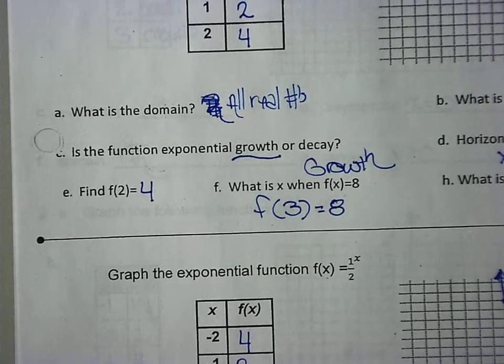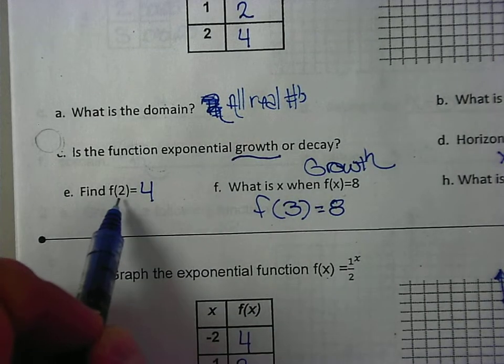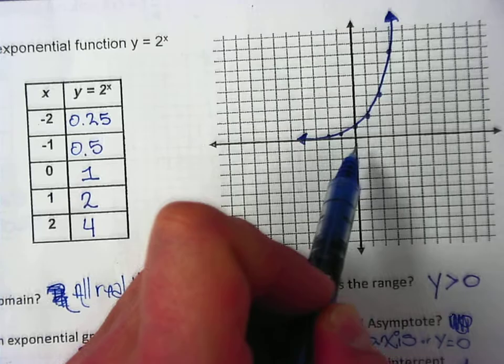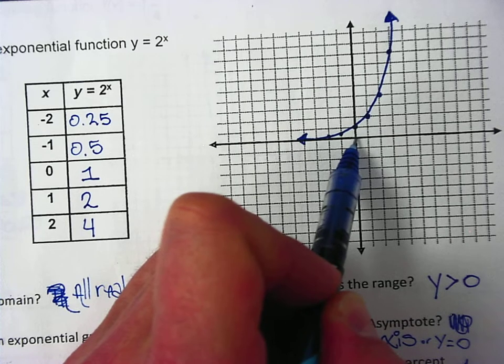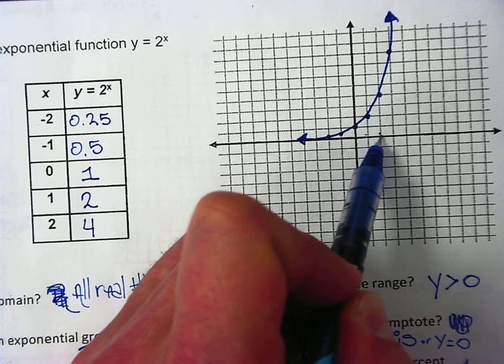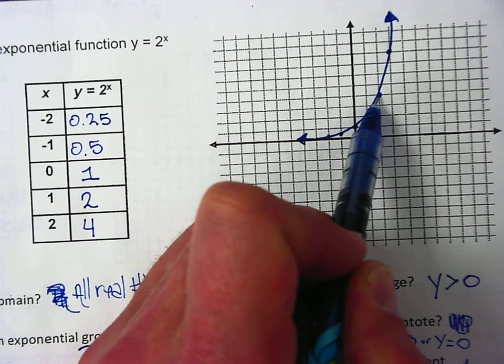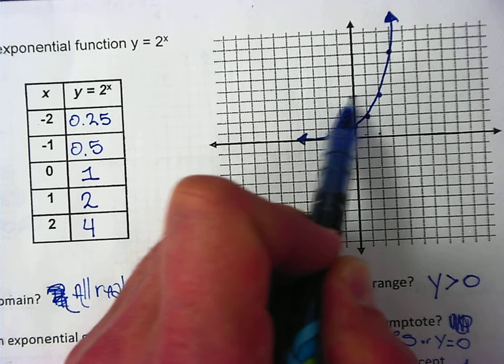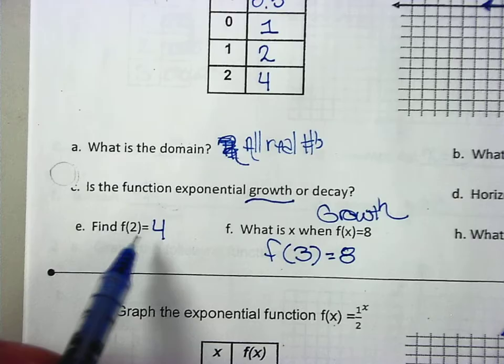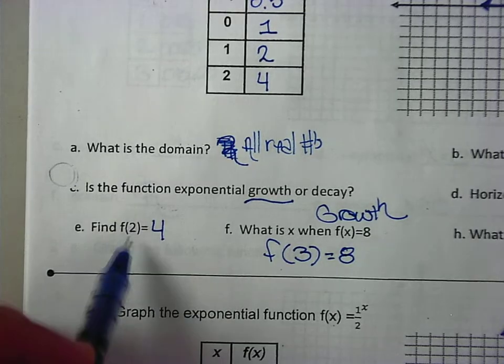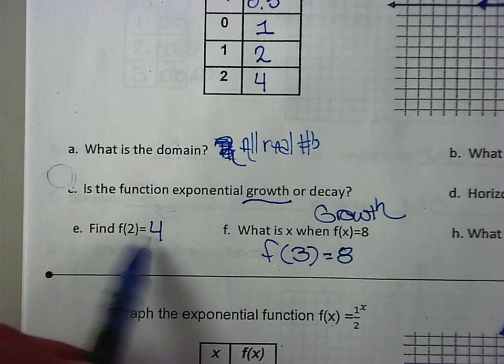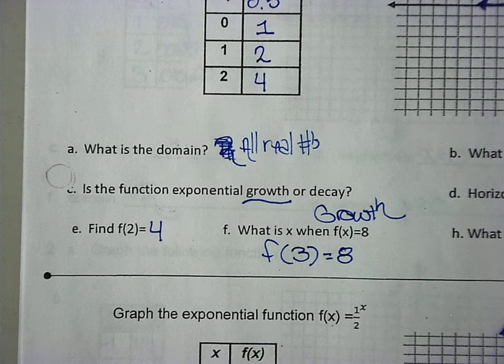And let's go on to the next question now. We have E. Find the function value of this graph when our x value is 2. Well, if I go over to where x equals 2 on my x-axis, 1, 2, and I go to where it meets my graph, that'd be up here at positive 4. So when my x value is 2, my y value is 4 on this particular graph.